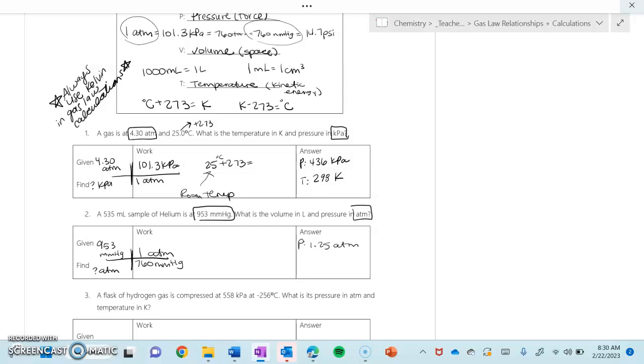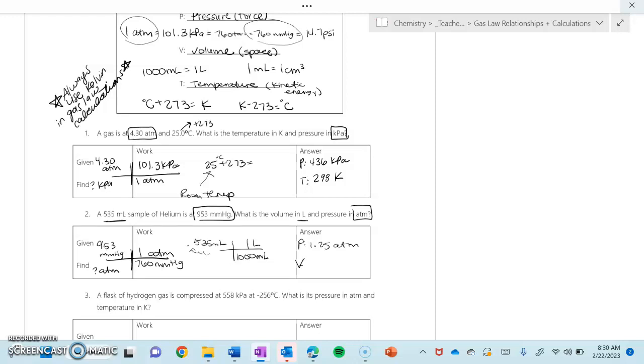Now we have one other variable, volume. I'm going to underline these two. So we're going milliliters to liters. You could move the decimal point, but I'm going to set up a conversion for the sake of exercise. So 1,000 milliliters is 1 liter. So divide by 1,000, that's the same as moving our decimal 3 times to the left, which is why we can do that shortcut.